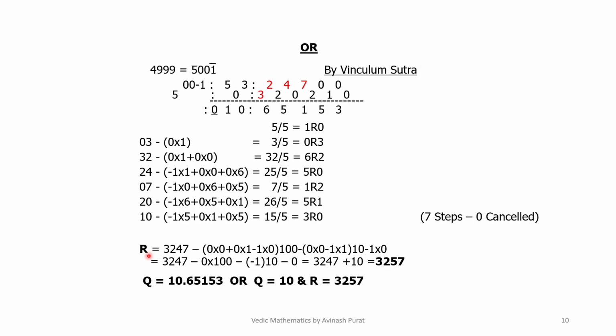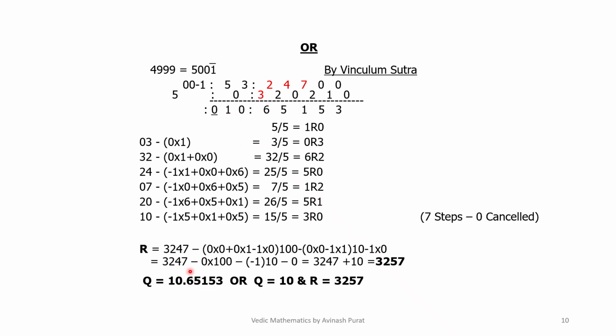Now the remainder is 3247 minus 0 into 0, 0 into 1 and minus 1 into 0 multiplied by 100, that is 0. So next is 0 into 0 and minus 1 into 1, that is plus 1 plus 10 minus 1 into 0 minus 1 into 0.